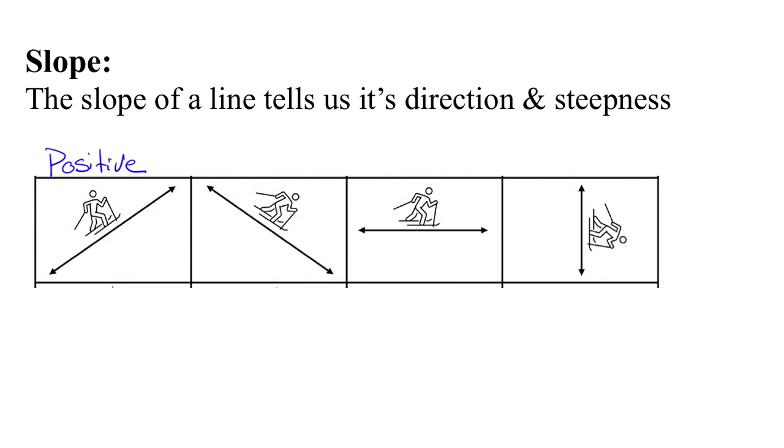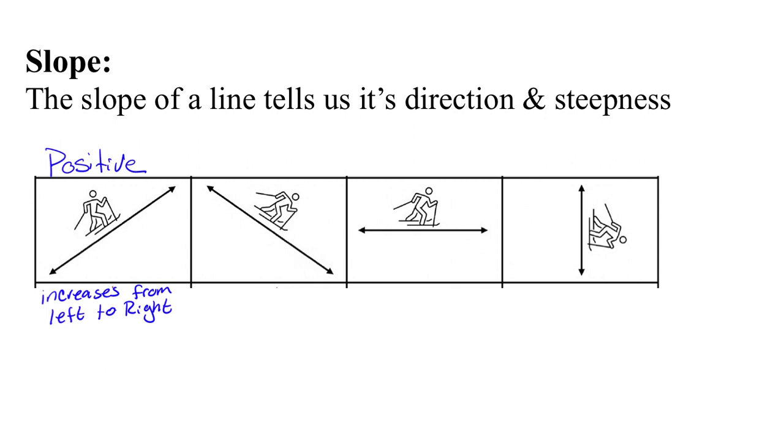And that increases from left to right. The second one right here kind of looks like a downhill skier. The slope is going down.